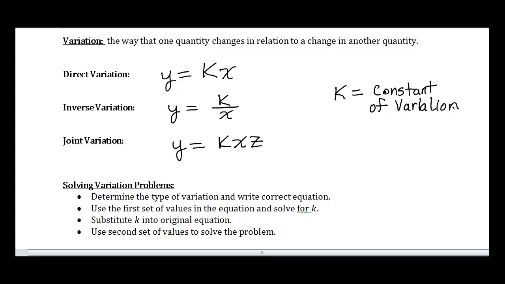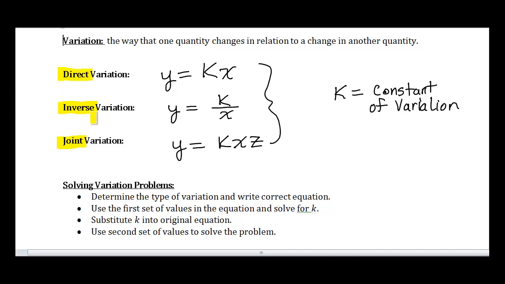I have some steps down here that help us to solve these variation problems. It says determine the type of variation and write the correct equation. After you read the problem, it'll say they vary directly, inversely, or jointly. If you see those words, you have to memorize these equations and pick the one that matches.